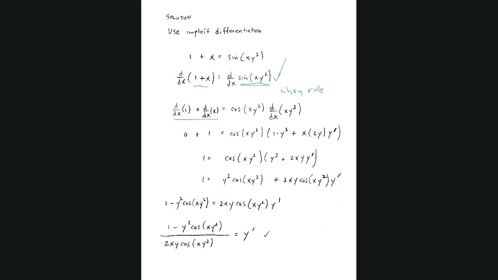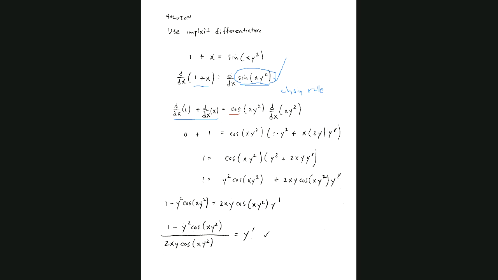So what's the outer function for this sine of xy squared? What's the outer function? The sine of x. Good. So, well, the derivative of the sine is the cosine.